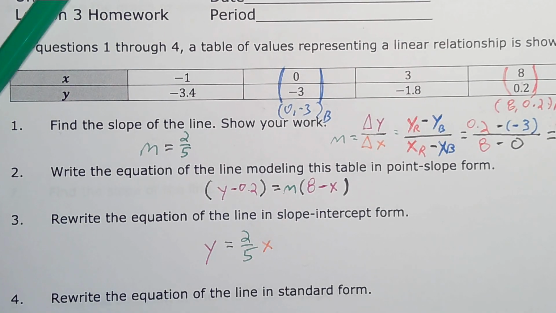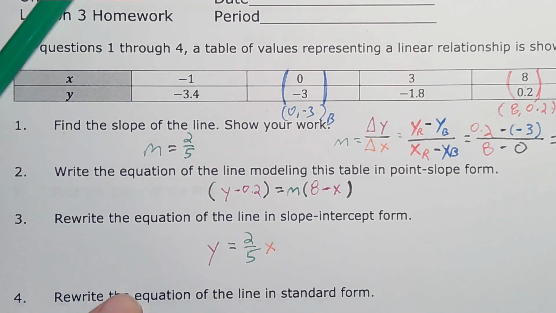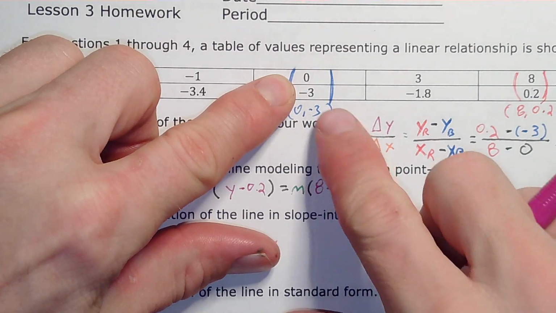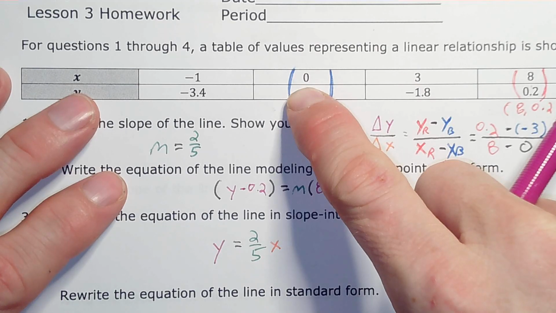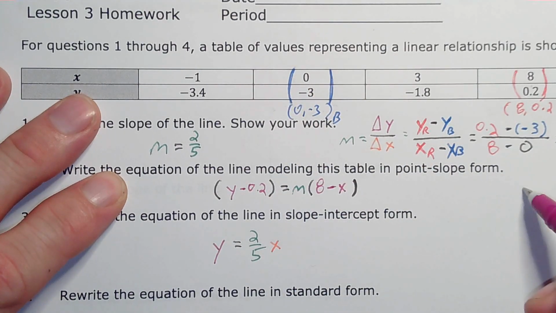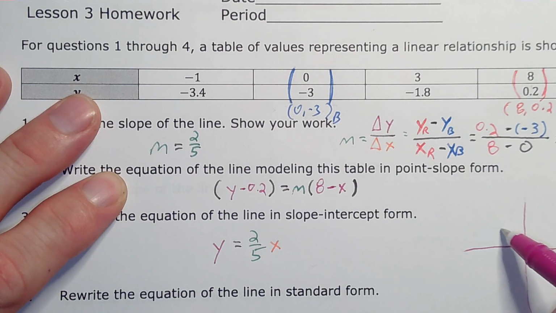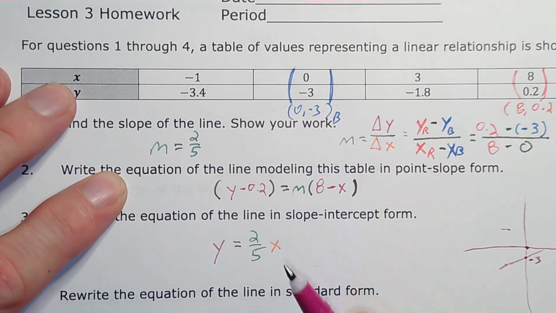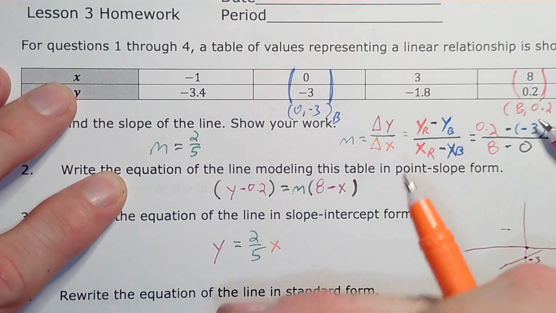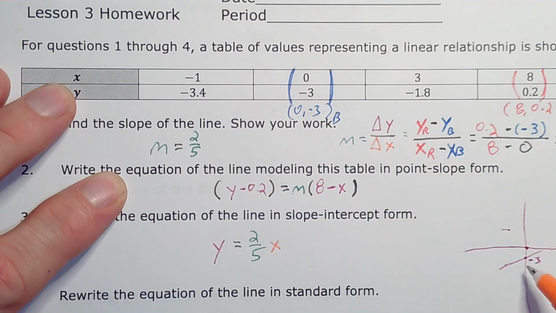Well, we know that when x equals 0, if we look at a graph, wherever x equals 0, our y value happens to be our intercept. So right away it tells us that our y-intercept is -3.